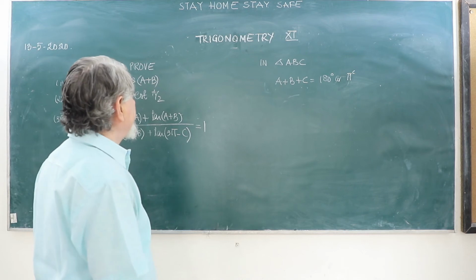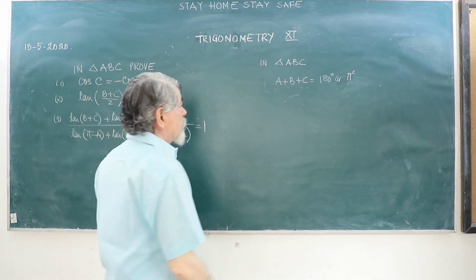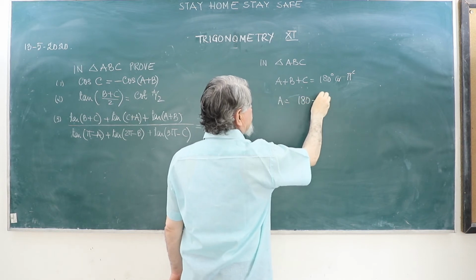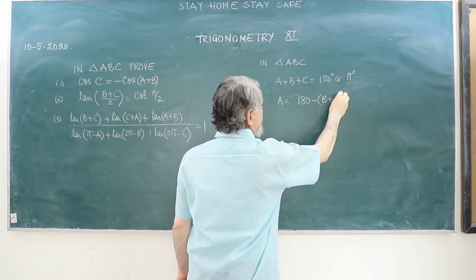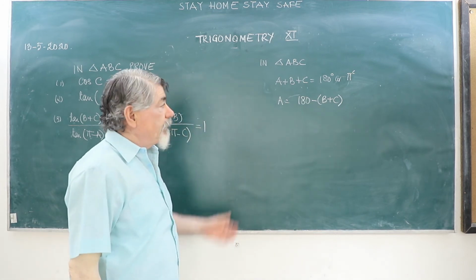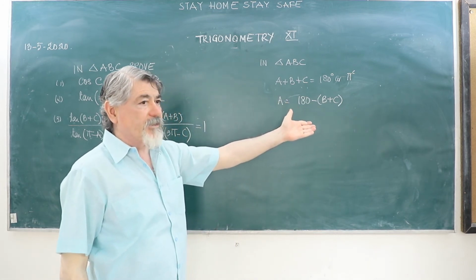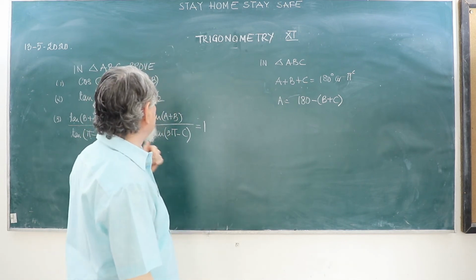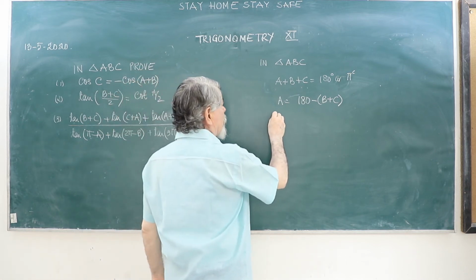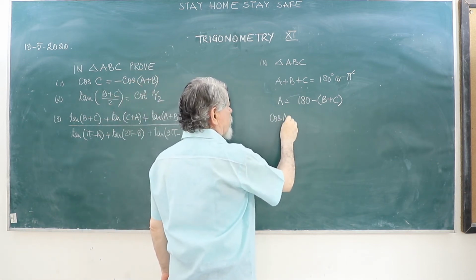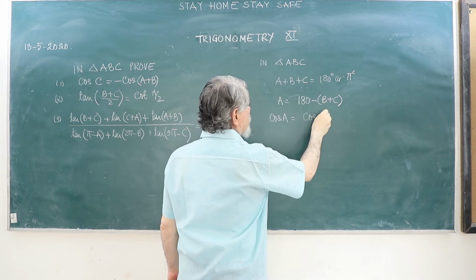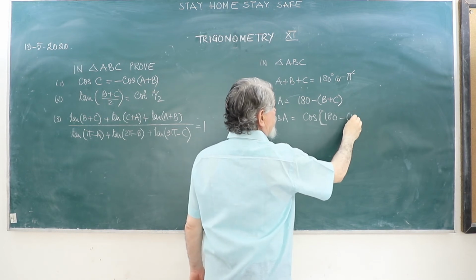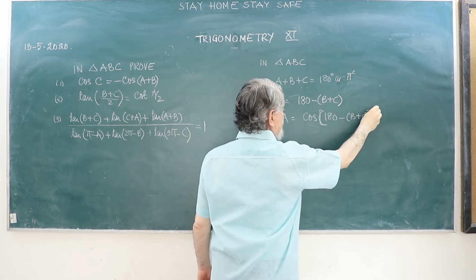Now it says we have to find cos C. So what I'll do is I'll write A is equal to 180 minus (B plus C). So let us take cos of both the sides: cos A will be equal to cos of 180 minus (B plus C).